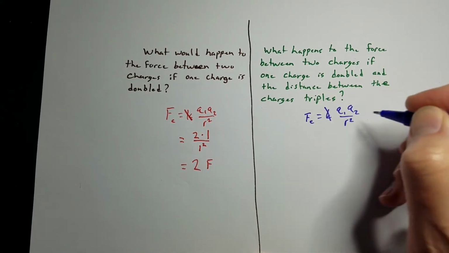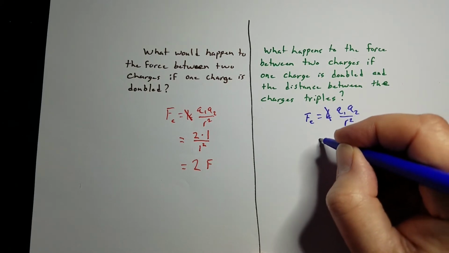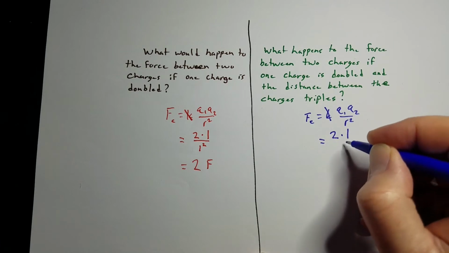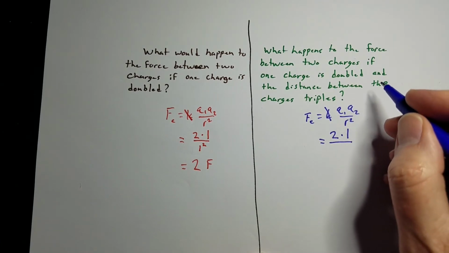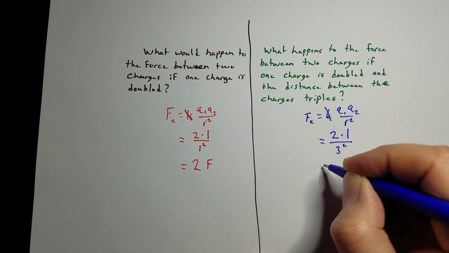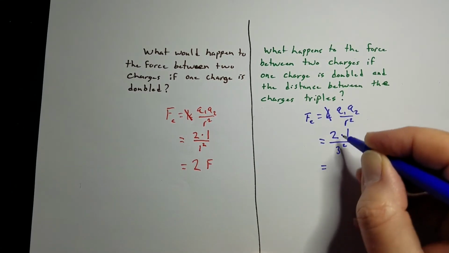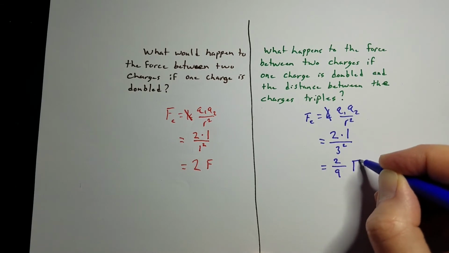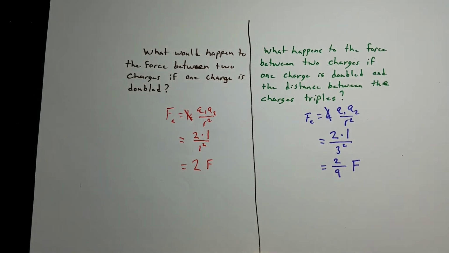Again, if we ignore the K and had everything as 1s, we get 1. But in this case, we double one of the charges, leave the other one the same, and we triple the distance between them, but that's squared. So that's 2 over 3 squared, which is 9. So the force will be 2/9 as great as it was before.